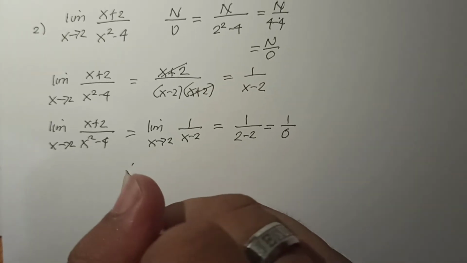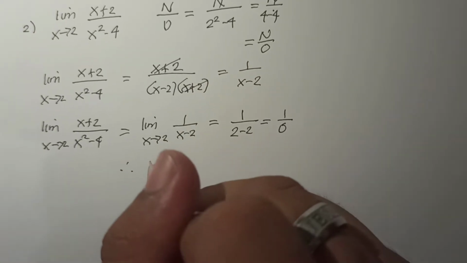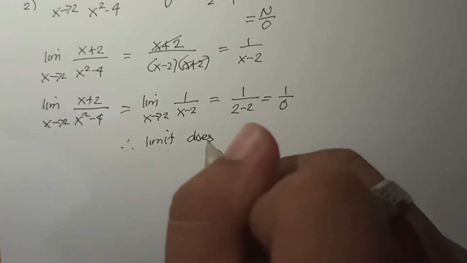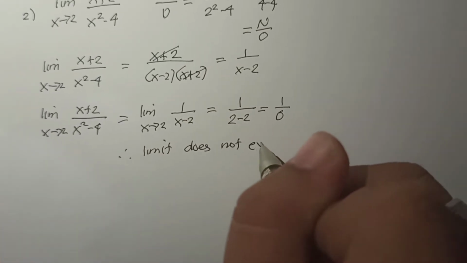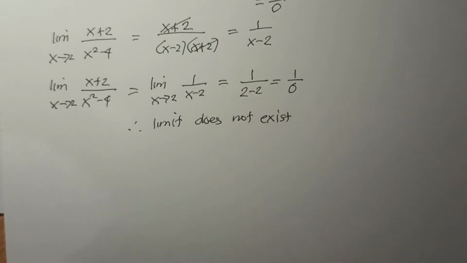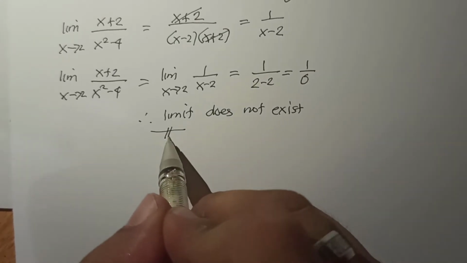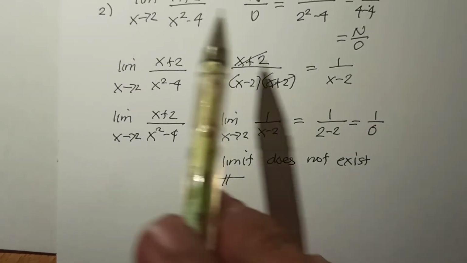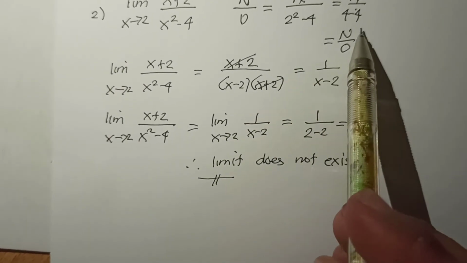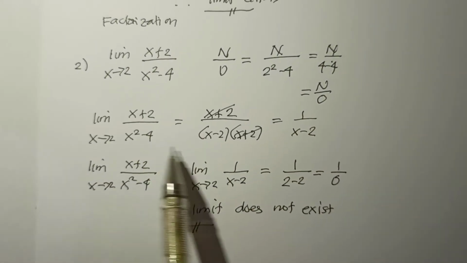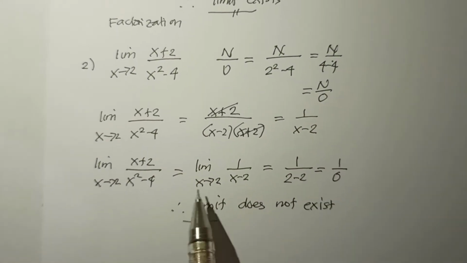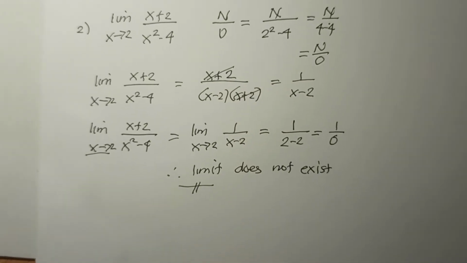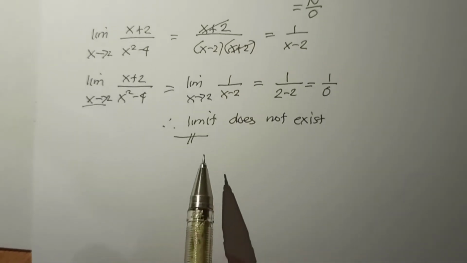In this case, we could say that the limit does not exist, even though we factored this part. We take note that the first step is substitution, then we can factor. But even though we factored, the limit does not exist as x approaches 2. That is case number 2.